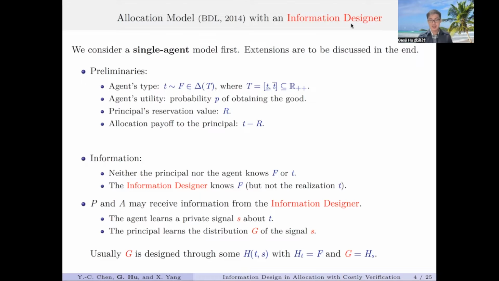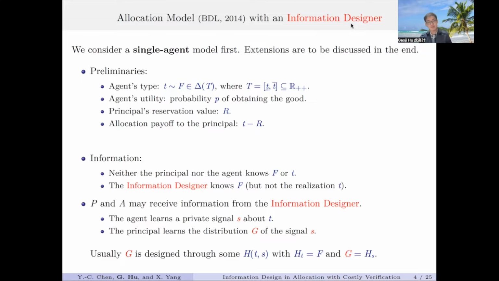Usually, the distribution G is designed through some joint distribution of the signal and the type, for example, H of t and s. And there are some consistency requirements. The marginal distribution of the joint distribution on t should be the same as the underlying distribution F on t. Okay, and the marginal distribution on s is the same as the designed distribution G.